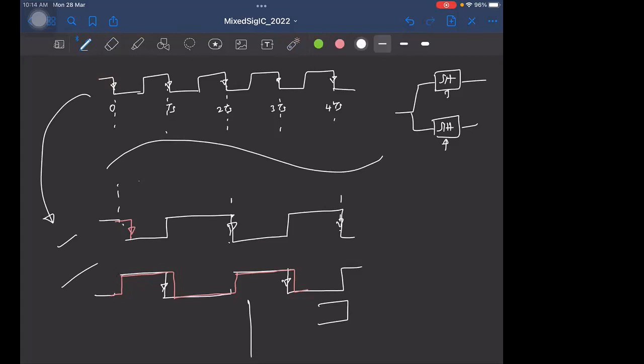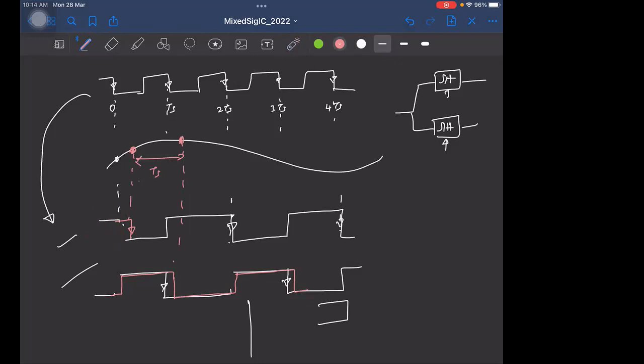So now instead of sampling at this point, the first ADC, that is this guy, will sample the signal at this time instant. Similarly, this guy will sample at this time instant. And this spacing need not be equal to TS. That's the idea. Is that clear?